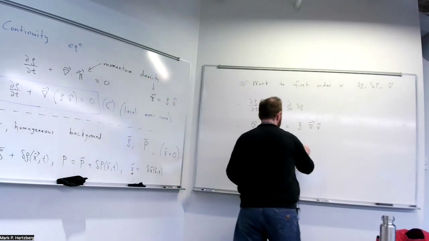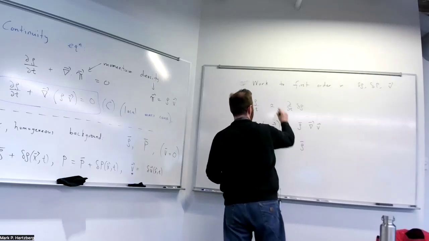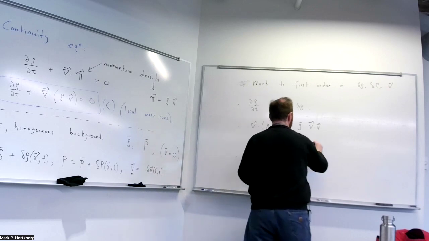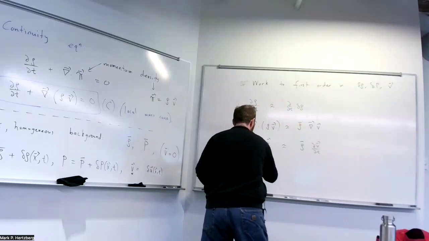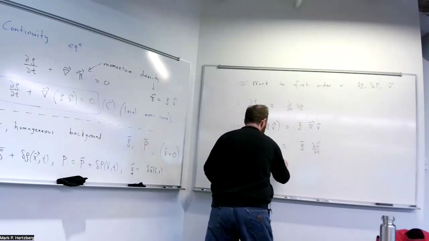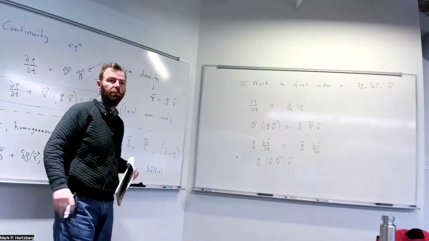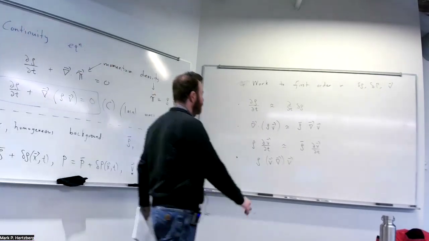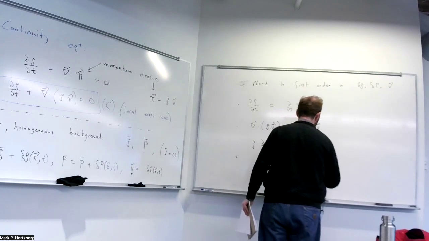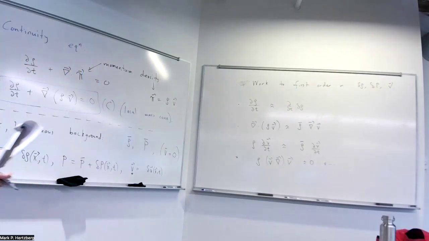V is small, so I can just write rho bar dV dt. Rho V dot grad V, the second term in the Euler equation. V is small, so that's order V squared, so we can ignore that. So this is 0 plus the stuff we're ignoring. Is that all right? Only care about first order stuff.